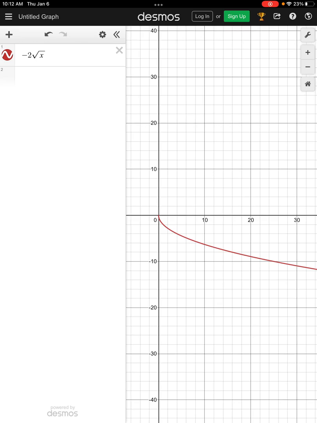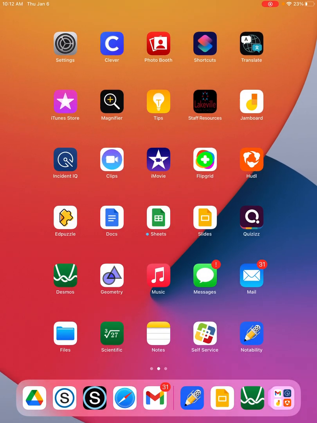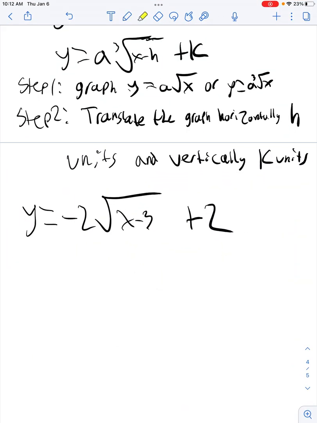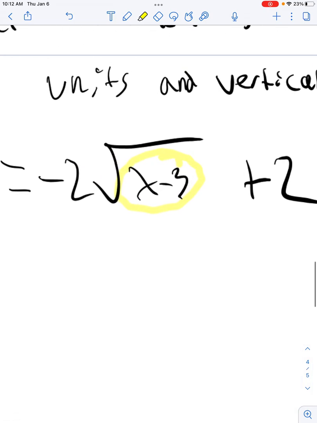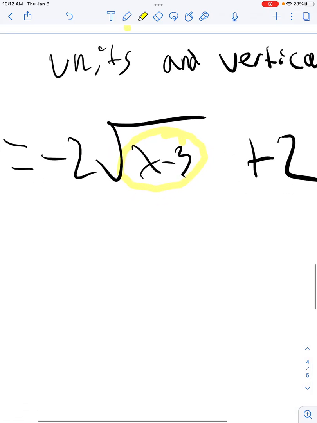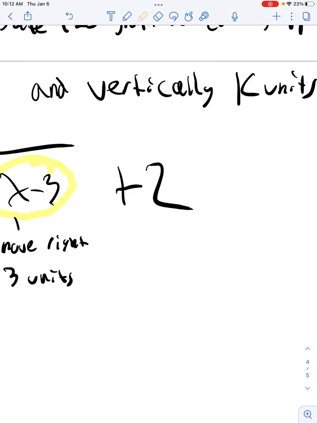And then because I have this part right here, x minus 3, my base formula is x minus h. So when it is subtracting here, that means I need to move right 3 units and move up 2 units.